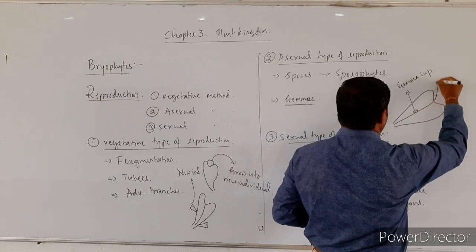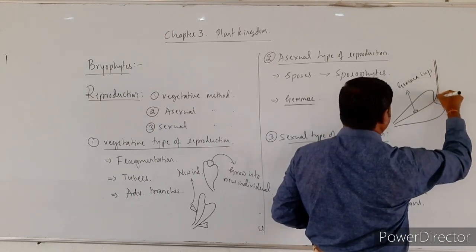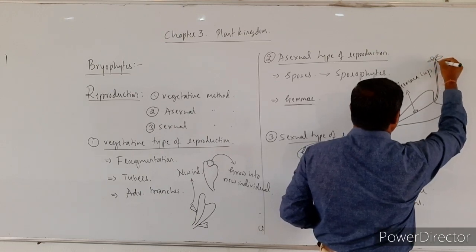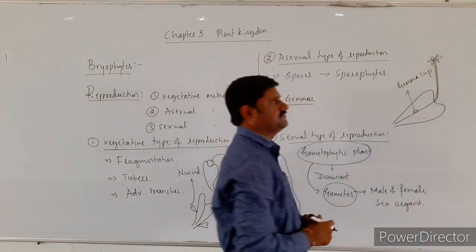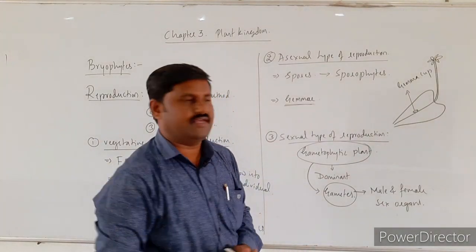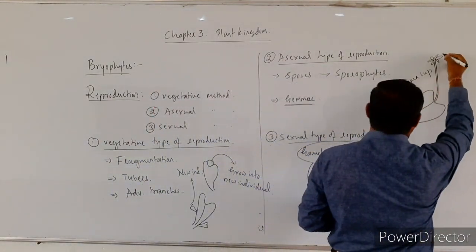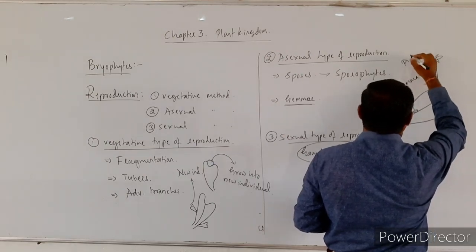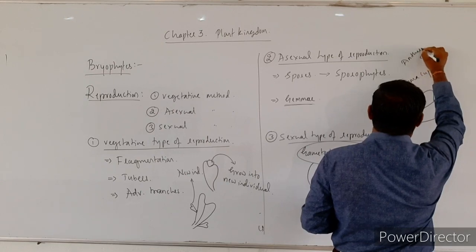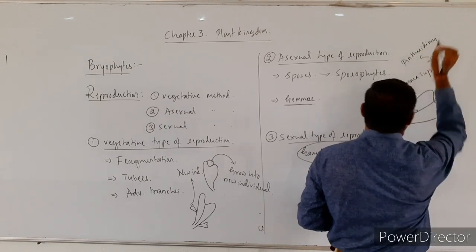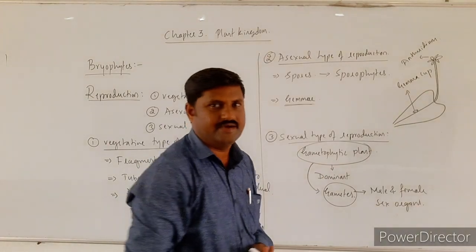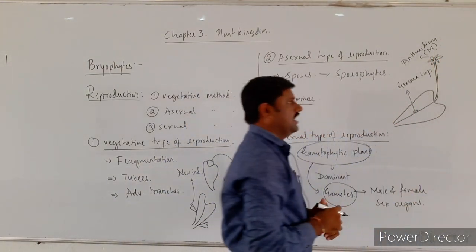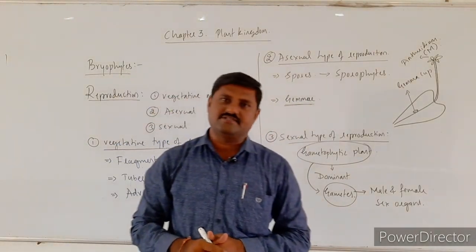From this plant body, a special type of structure is produced, which is nothing but the sex organ. What is this sex organ called? This is called antheridium. Antheridium is the male sex organ.